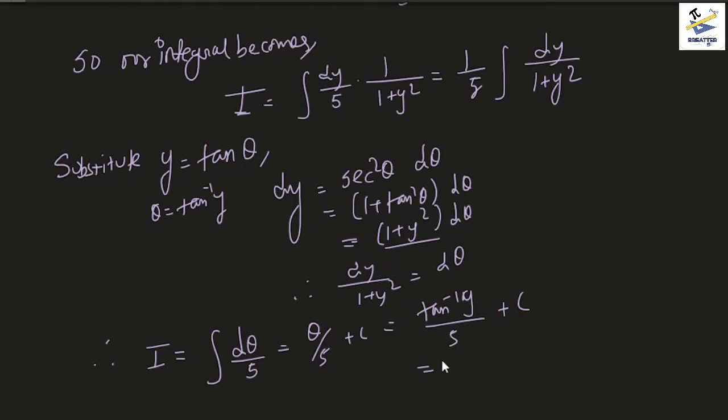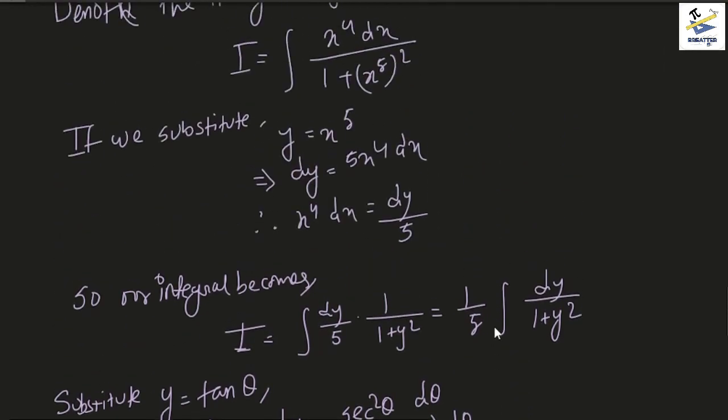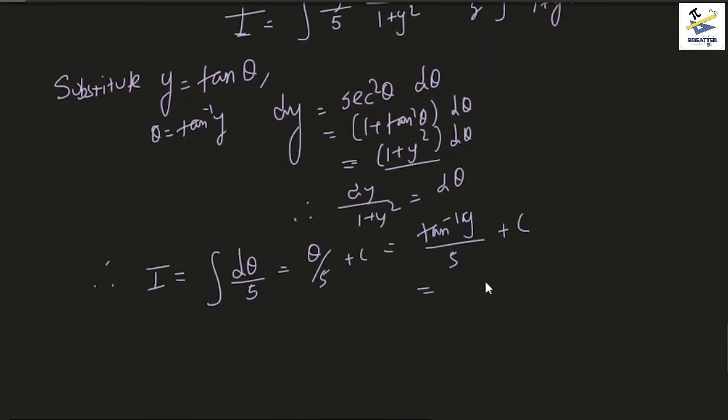But we also need to put back the value of y, which we substituted as x to the power 5. So the answer would be tan inverse x to the power 5 whole divided by 5 plus c, which is our answer, right? Okay, so this is another problem, and let us do another one.